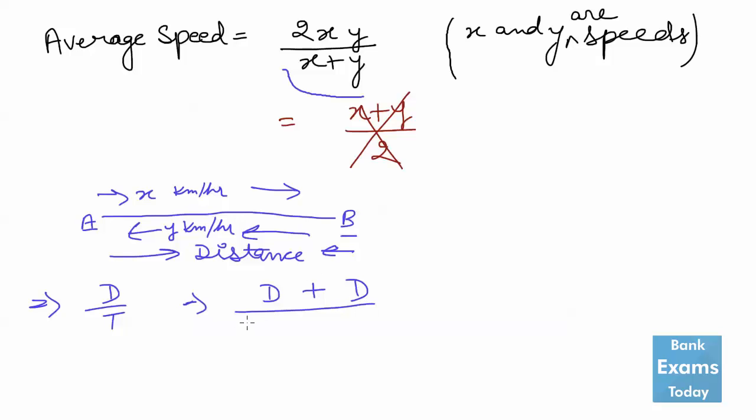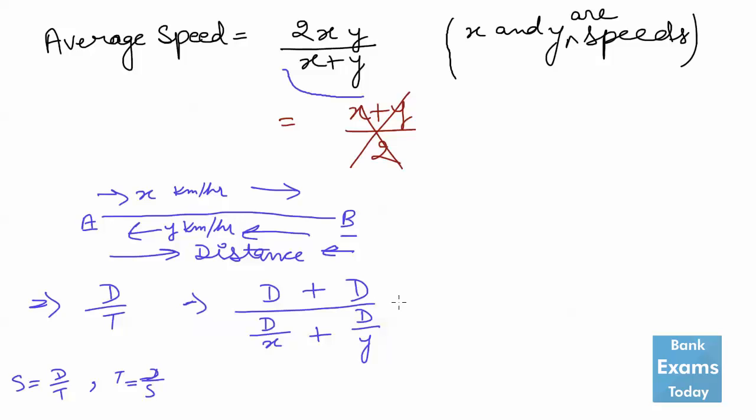And what is the time taken? If speed is equal to distance over time, then time taken is equal to distance over speed. So the time taken is d over x plus d over y.